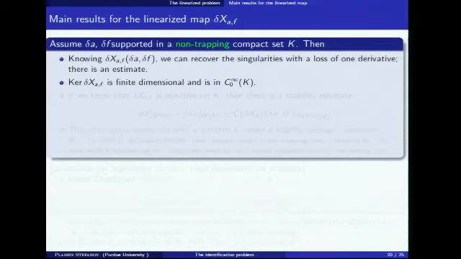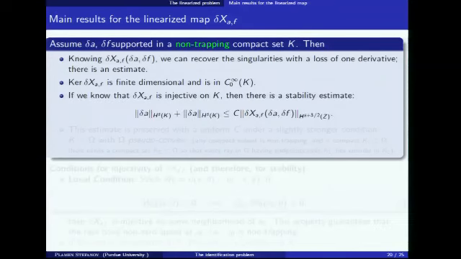The kernel is finite dimensional, smooth. And that just follows from ellipticity. Actually, it's hypoelliptic really, with the loss of one derivative, but it still has the same property. Okay, and if you know that it's injective, which I'm going to talk about in a moment, but if you somehow can prove in different ways it's injective, then you get a stability estimate.